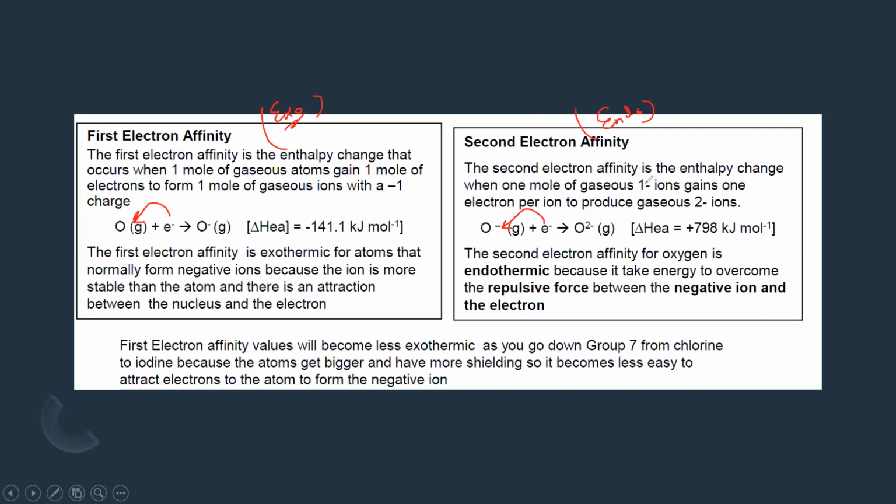What is the reason for that? Because there is already a negative charge on the ion, and the electron is also negative, and like charges repel each other. So as the like charges repel, we have to supply energy so that the electron can be added or come closer to this negative ion.